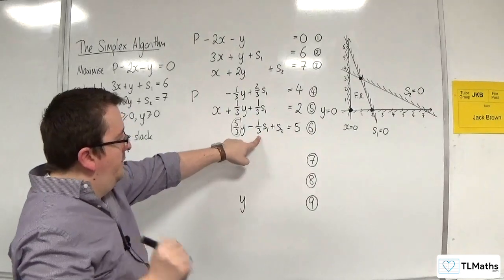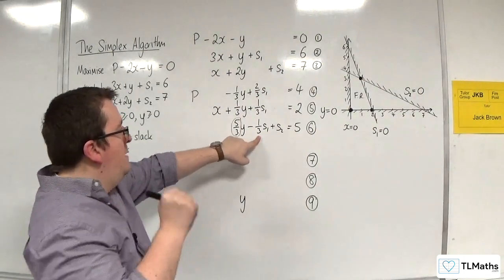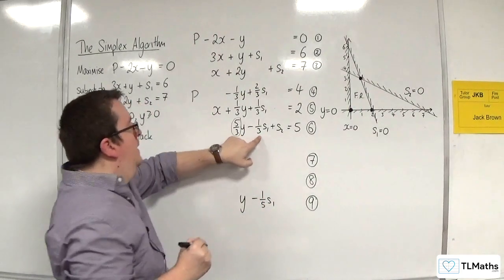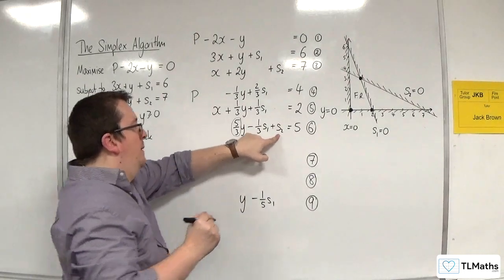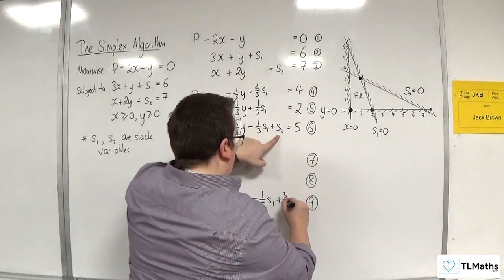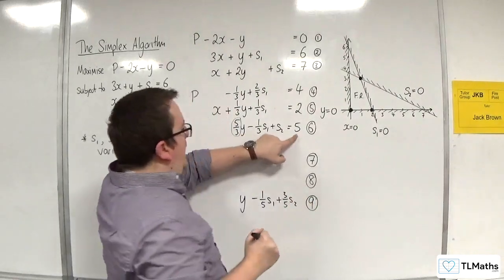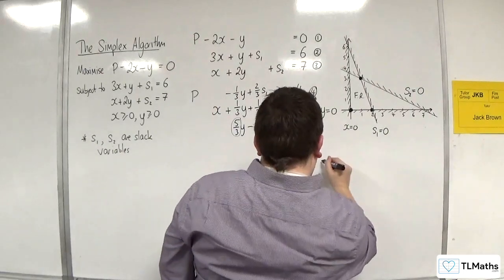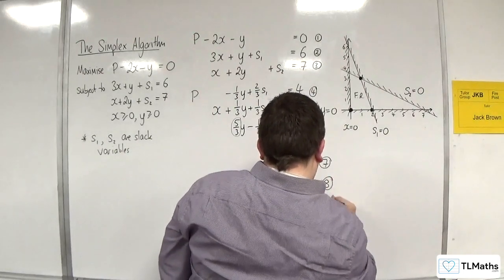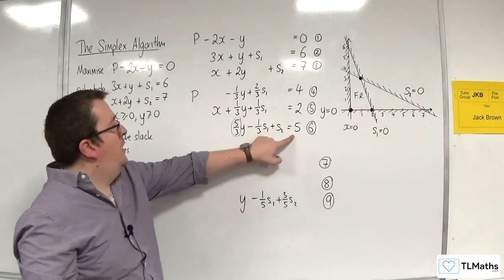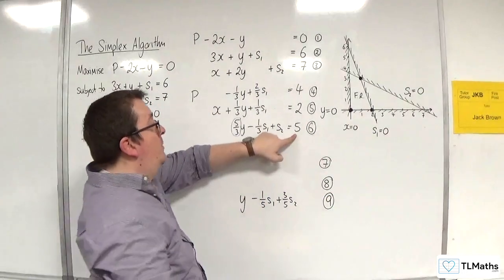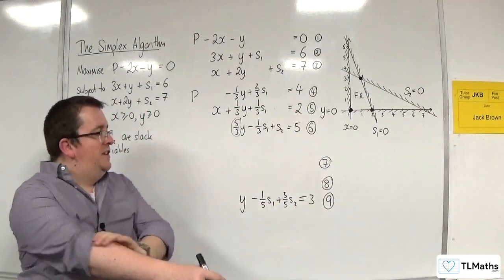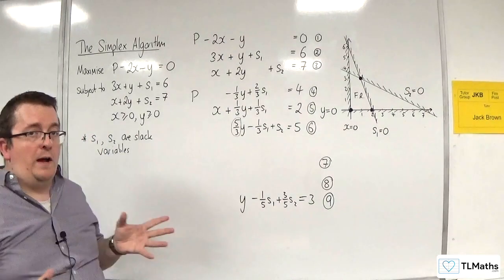Minus 1/3 divided by 5/3 will be minus 1/5, so minus 1/5 S1. And S2 divided by 5/3 will be 3/5 S2. I'm going to run out of room if I'm not careful, so let me give myself a little bit more room. Okay, so 5 divided by 5/3 will be 3. Doing this without a calculator, so I just need to be a little bit careful. So we've got that one.